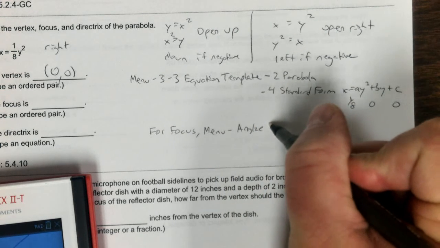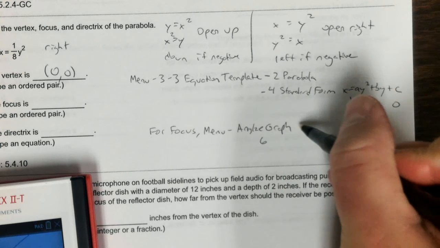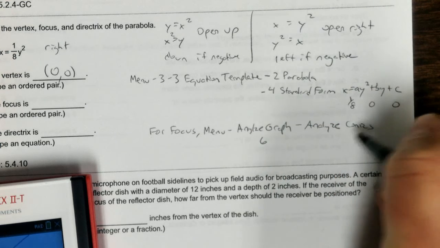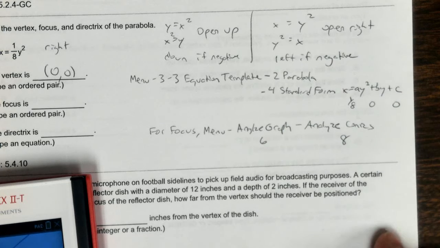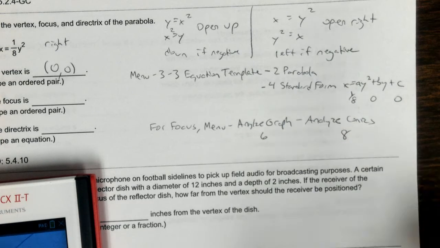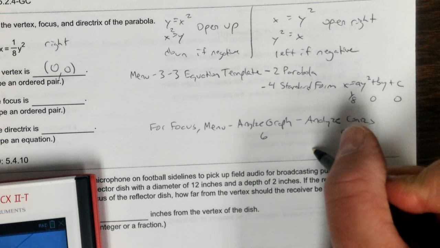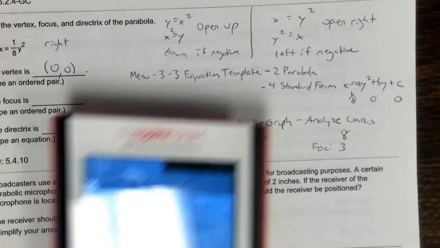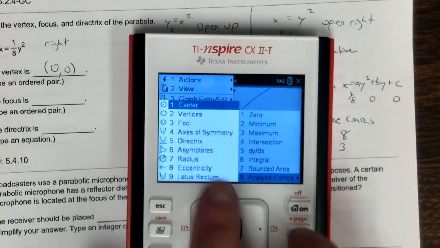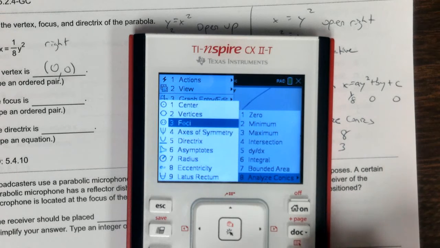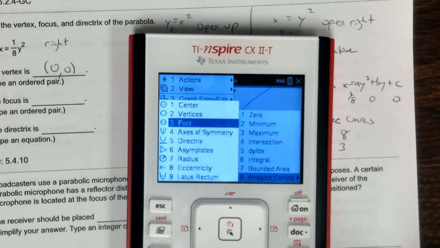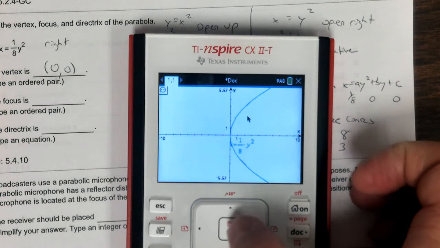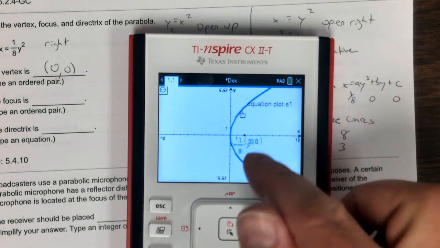Analyze graph, which was 6, and then analyze conics, was 8. And then foci is 3. Remember, foci is plural of focus, but you just have 1 for a parabola. You would have 2 for an ellipse. So then you just move your mouse pointer, and there's your answer.